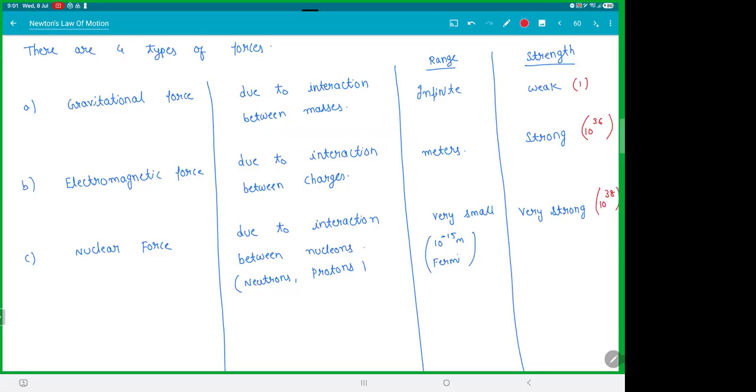Just to give an example, when you were in school, you studied this. Our school teacher told us that like charges repel, unlike charges attract. And the same teacher, maybe the chemistry teacher, also said that inside a sodium atom, there are 11 protons sitting inside a nucleus. If there are 11 protons sitting inside a nucleus very close to each other, and all protons are like charges, shouldn't they repel and fly off?